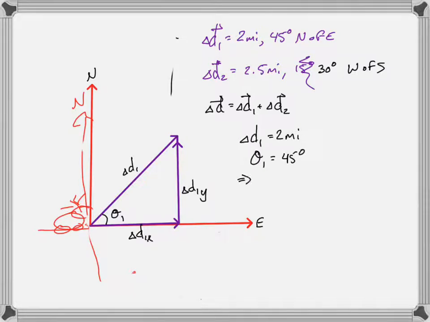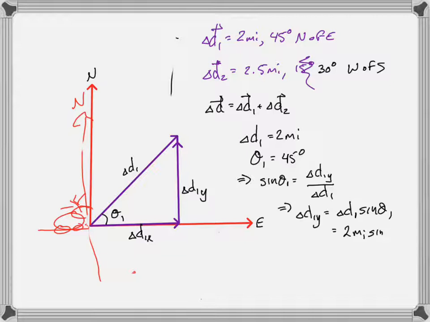Then we can do the geometry of the right triangle, and you find that the sine of theta 1 is equal to opposite, which is delta d1y, over hypotenuse, which is delta d1. Therefore, delta d1y, the y component of the delta d1 vector, is delta d1 sine theta 1, which is 2 miles times the sine of 45 degrees, which equals 1.41 miles.